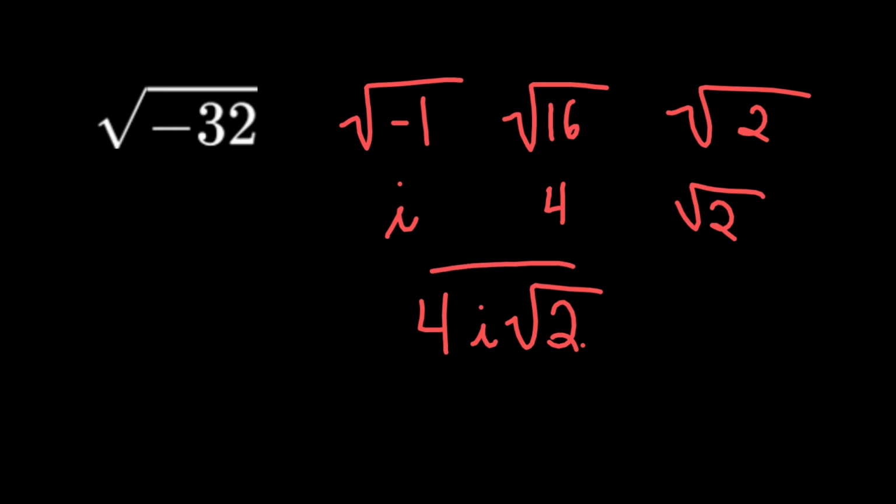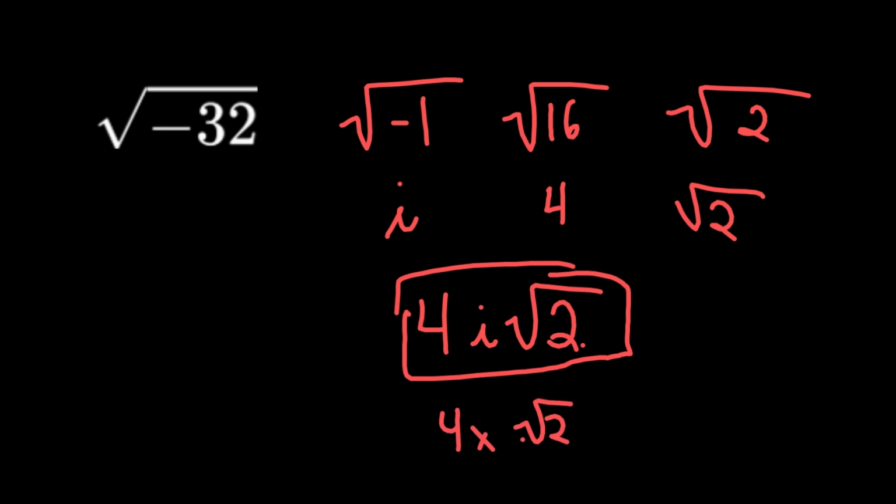And this is the correct way to write it. You write the i after the coefficient, just like if you had to write 4x square root of 2. Same thing. You treat it just like a variable. So this is how you would simplify an imaginary number under a radical.